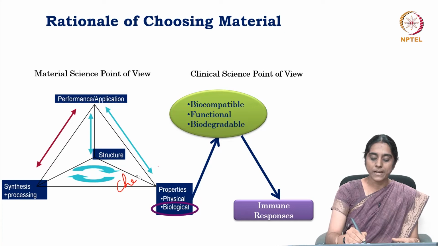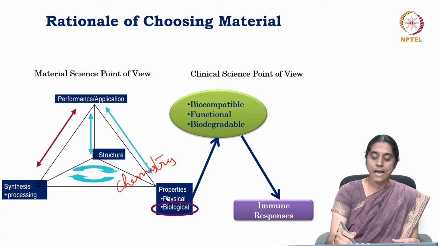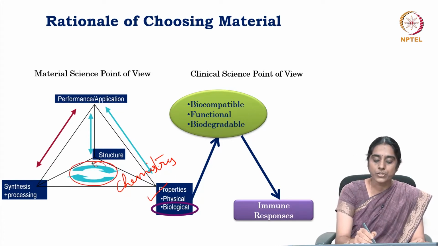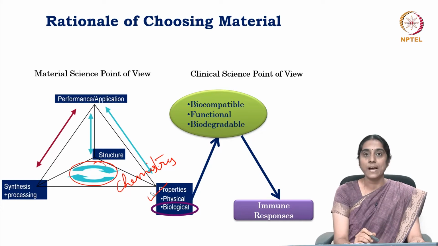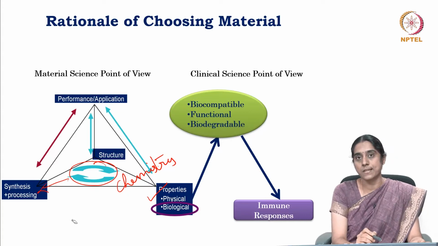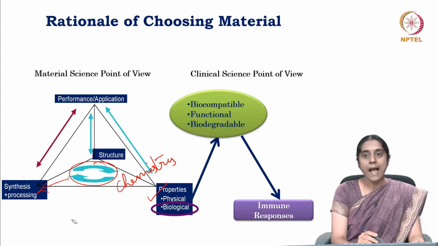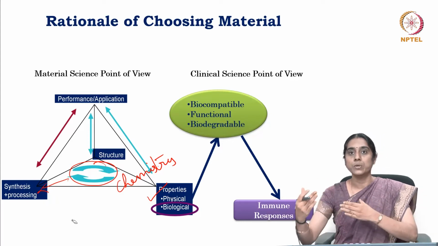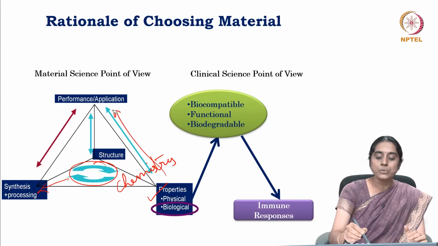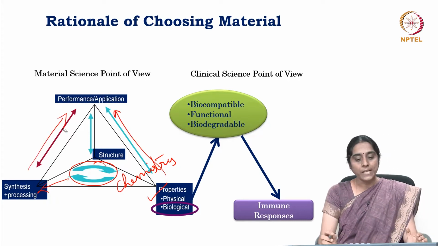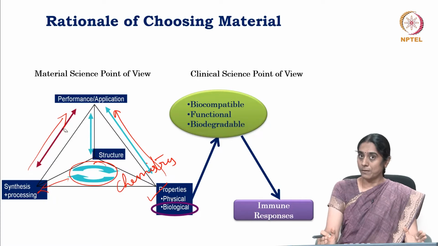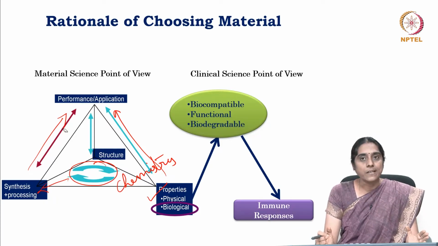The chemistry part is very important, and the physical properties are also important. They will look into how the structure influences the property, the way the synthesis is carried out for that biomaterial, and the further processing to get the end product. All these influence the performance and application of the biomaterial. That is the perspective of the material scientist.